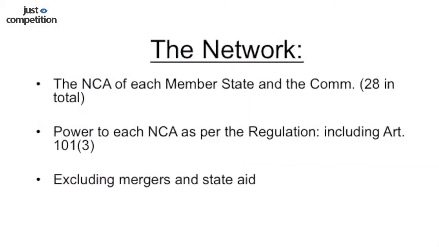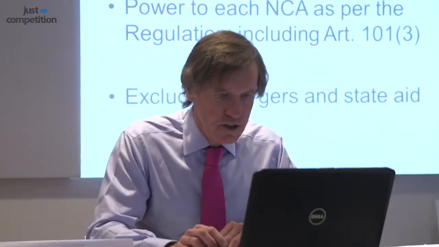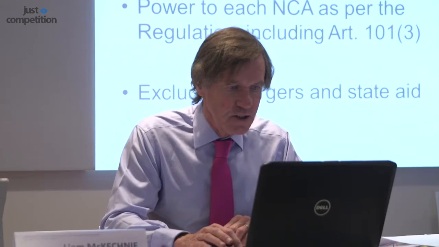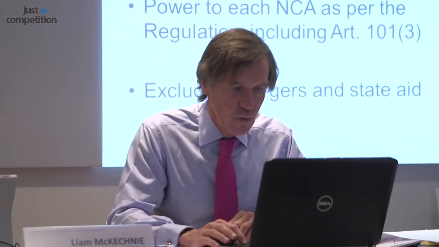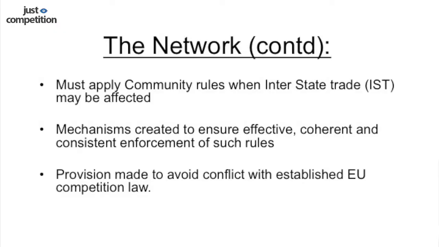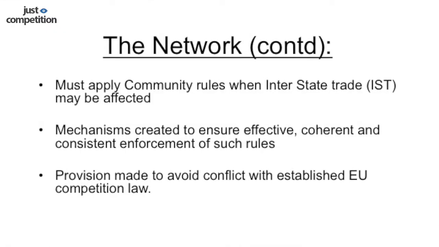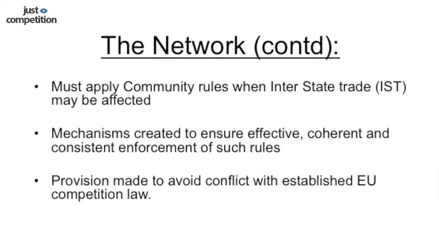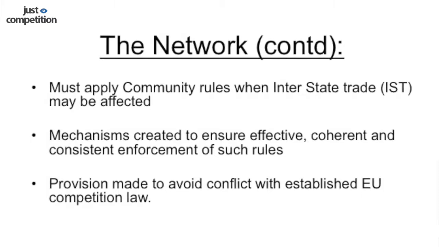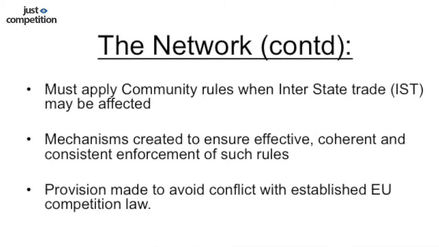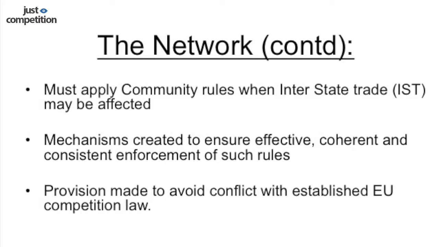That's the network, the NCA of each member state and the Commission, 28 in all, with power to each national competition authority to apply 101(3). It doesn't apply to mergers or state aid. It's important to realise that under Article 3 of Regulation 1/2003, the National Court must apply 101 and 102, even in the context of a domestic dispute, if interstate trade may be affected.